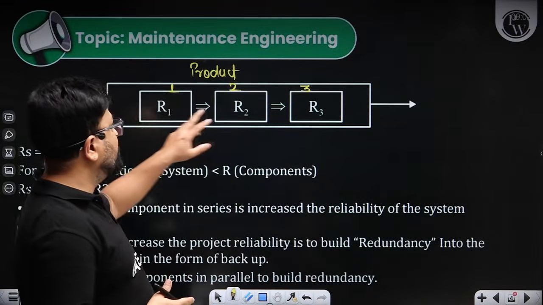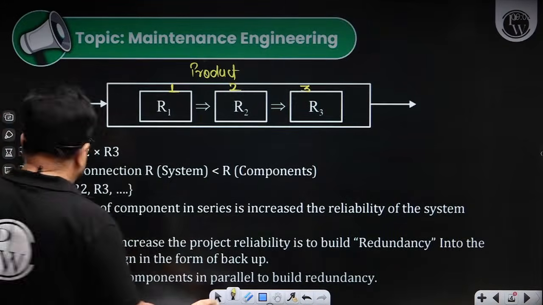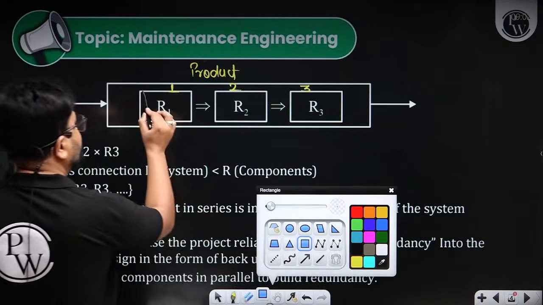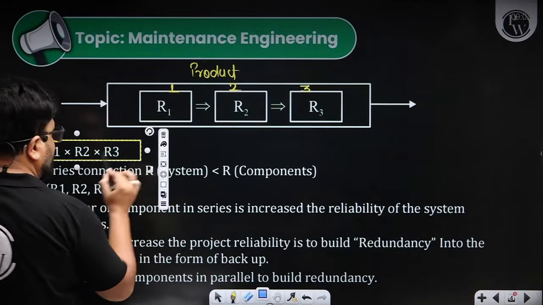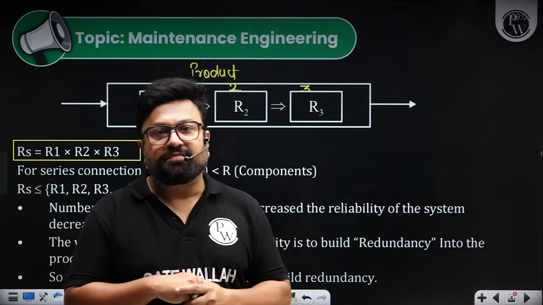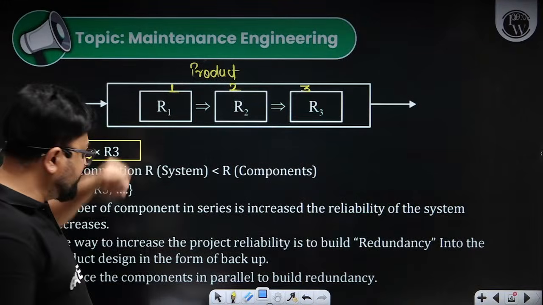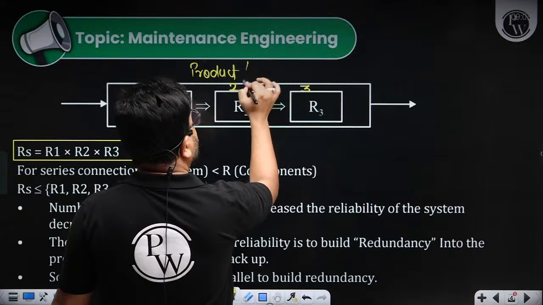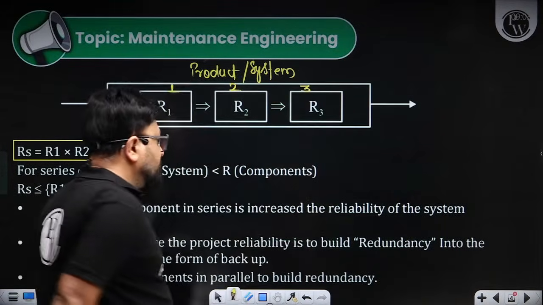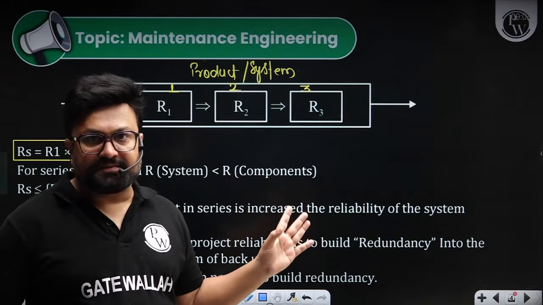As the components are attached in series, the reliability is very simple. You need to multiply the reliability of each component, then you get the reliability of the product, or you can say a system. So in this way you get the reliability of the product.